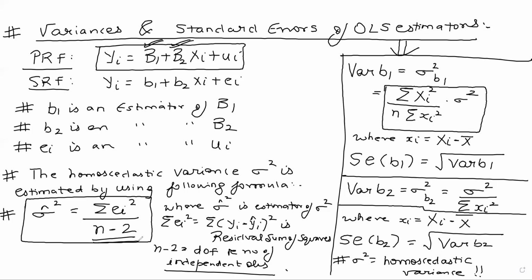So hoping students have understood this. You can think of it like that, that one observation goes in calculating B1, another observation goes in calculating B2. So the number of independent observations or degrees of freedom we have is n minus 2. So hoping students are clear with this.